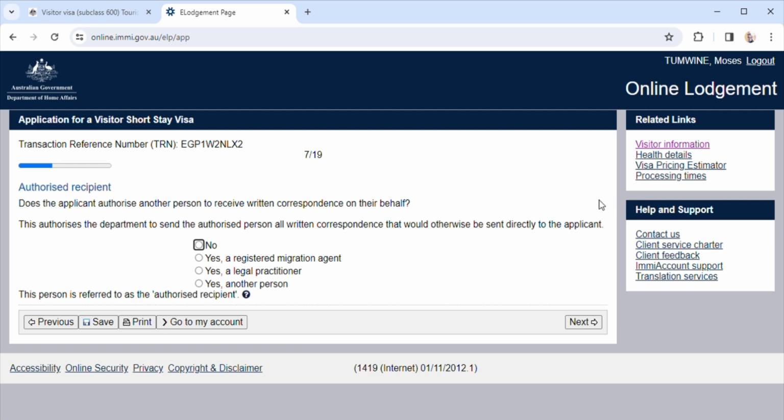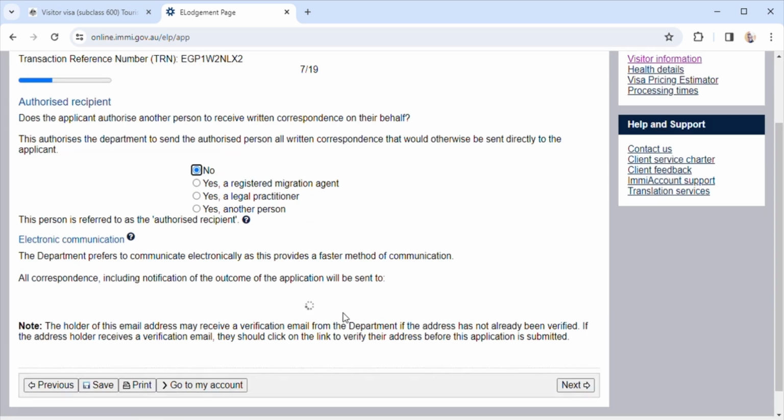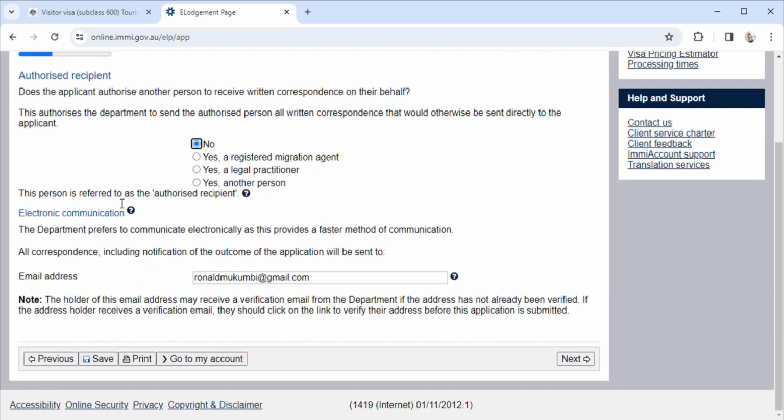Okay, we say save. They're asking you, does this applicant authorize another person to receive written correspondence on their behalf? You say no. Okay, you say next.